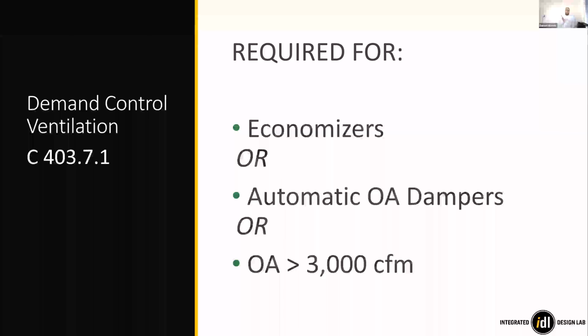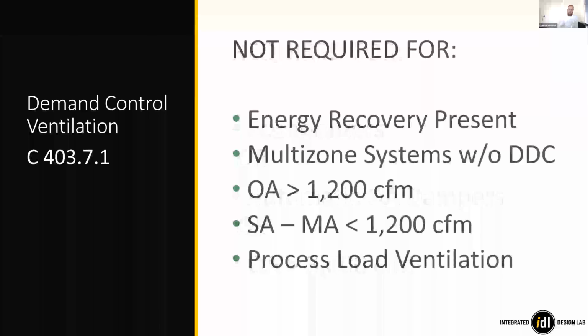You are going to have to put it wherever there's an economizer, there's automatic outdoor dampers, or the outdoor air that you're bringing into the space is 3,000 CFM or greater. So that's kind of the part of the logic tree. It's also not required if you've got energy recovery present, which I'll go into next.